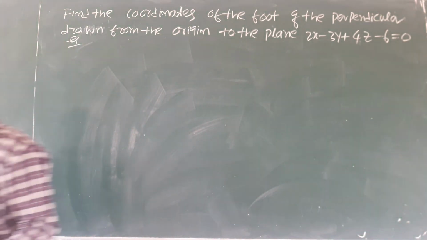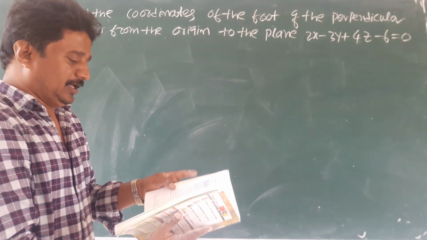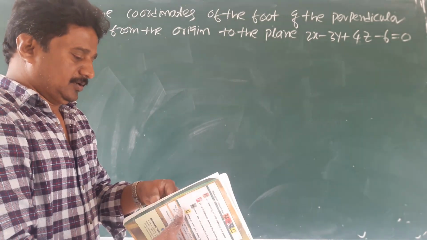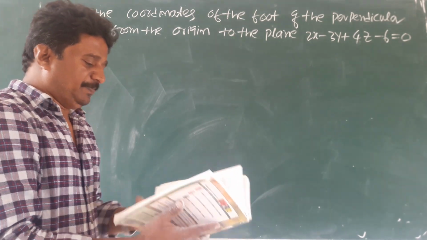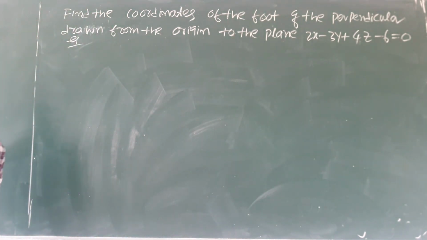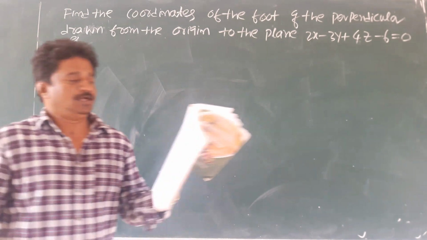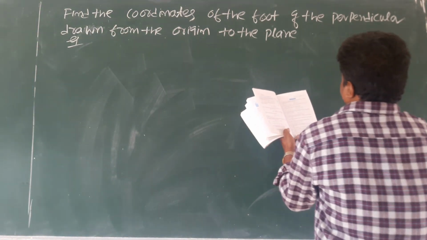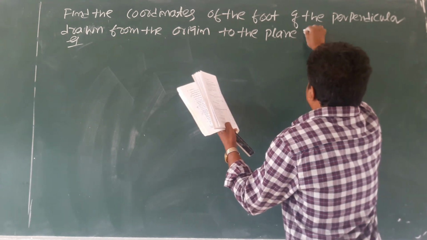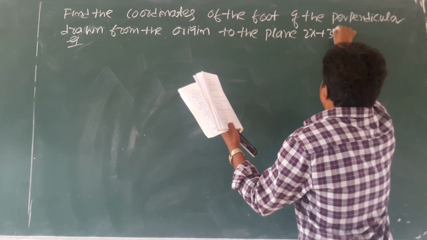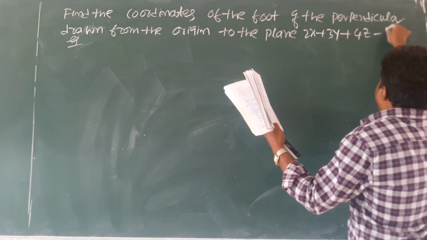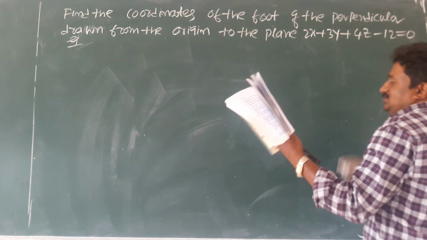Find the coordinates of the foot of the perpendicular drawn from the origin to the plane 2x plus 3y plus 4z minus 12 equals 0.